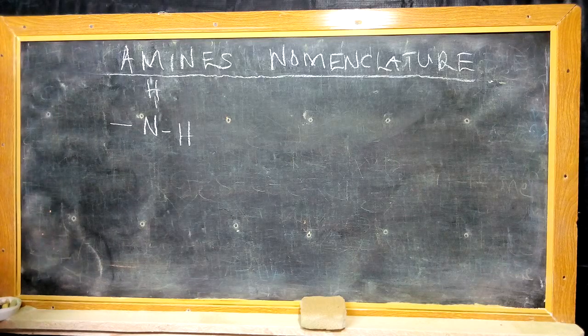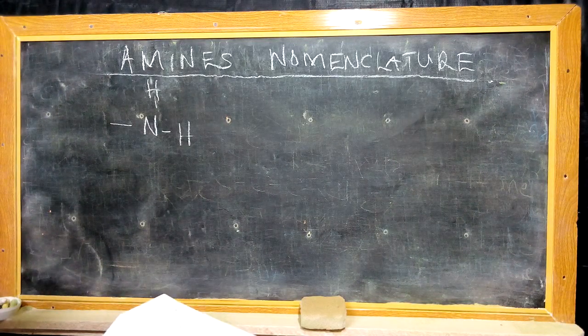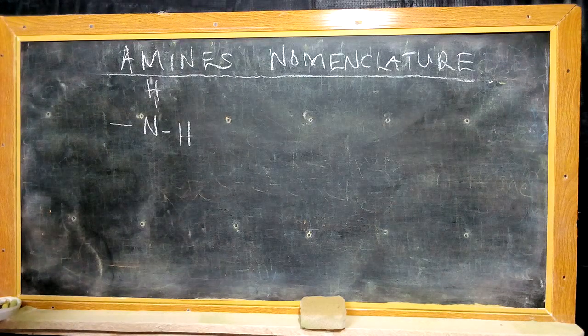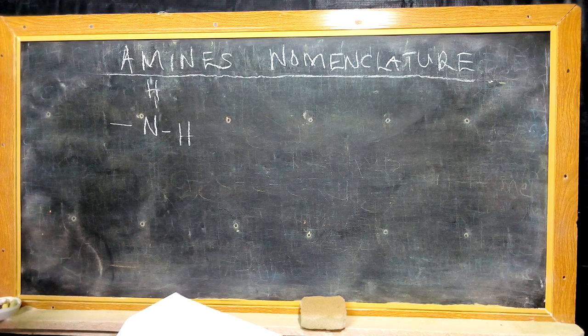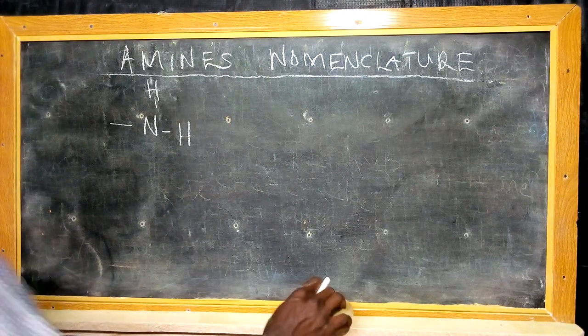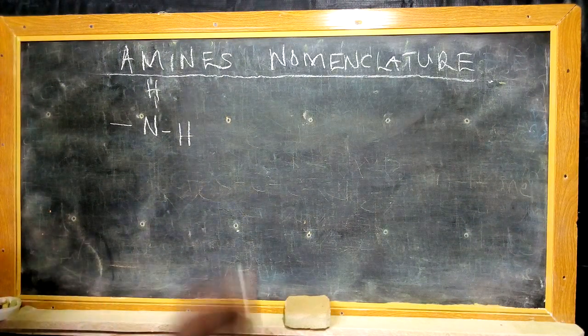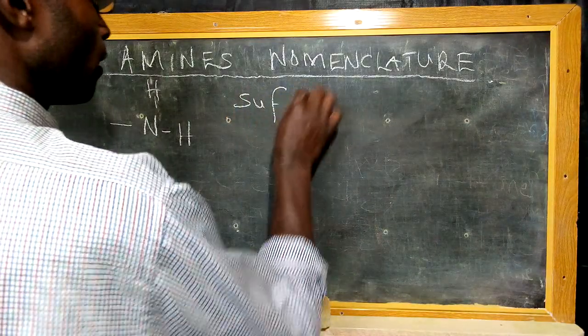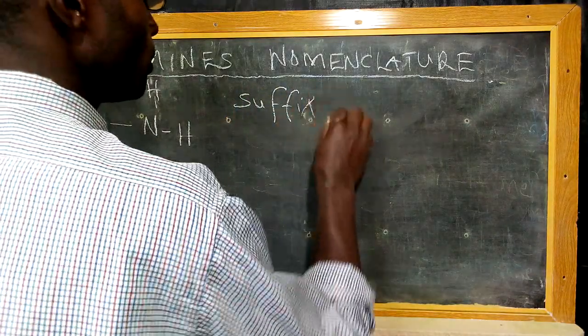In that case, we're going to look at the same procedure that you have employed in naming other organic compounds. We shall look at the parent name, the suffix, the prefix, etc. Now, in the case of amines, for the suffix, we use the name amine.